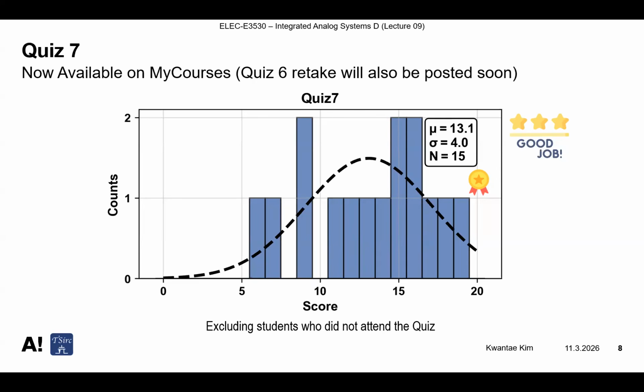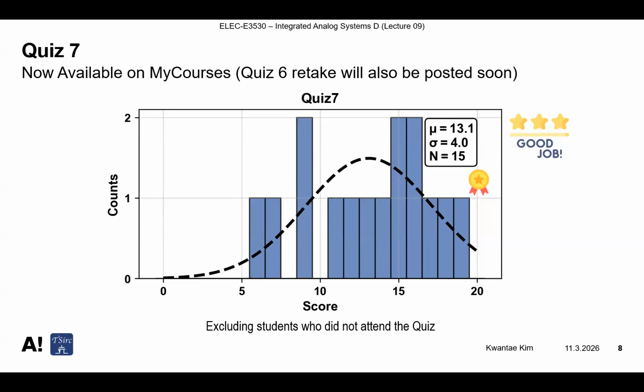Many students got a score higher than 10 points. Of course, don't be discouraged. You can also have another round of quiz retake next week for quiz 7. This is a very good job. Even one student scored, I think, 19 or 18.5 points, which is a very high score.